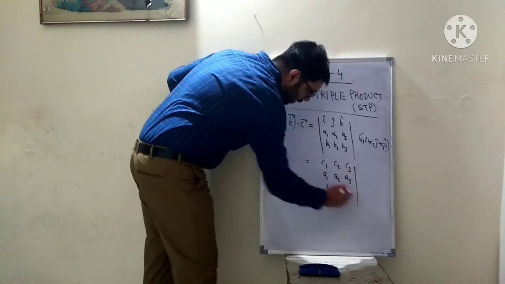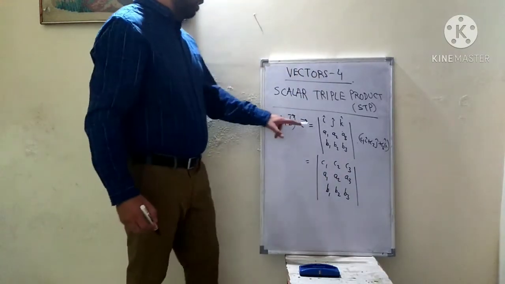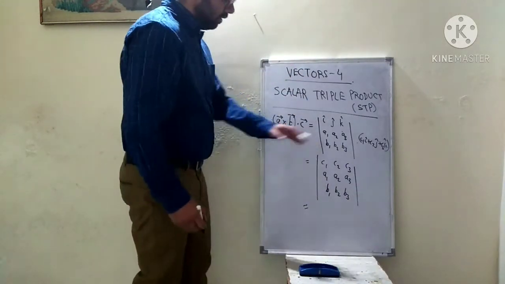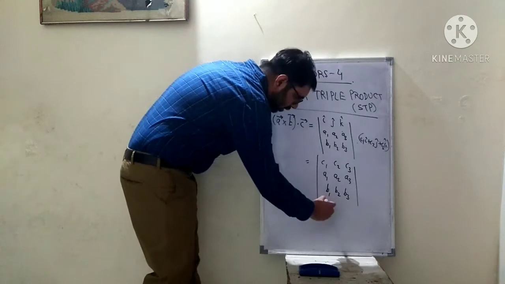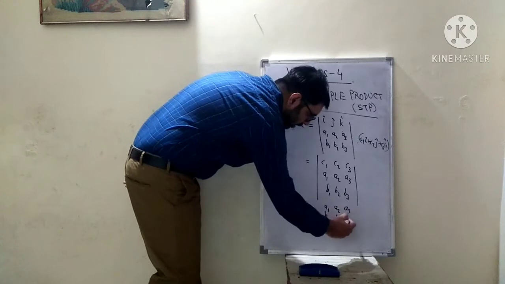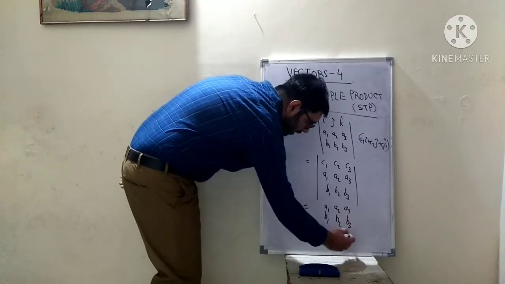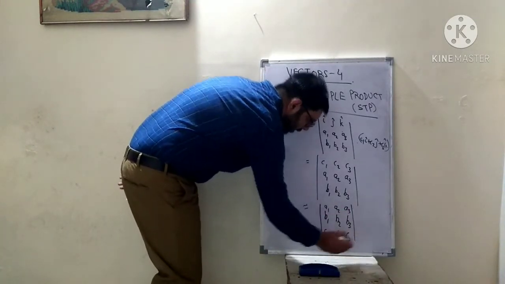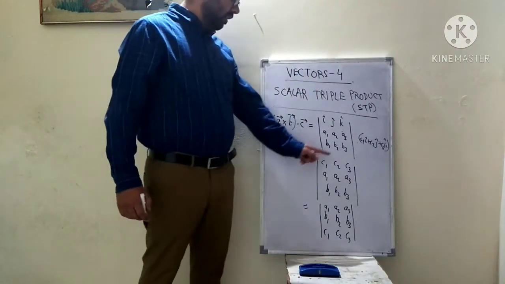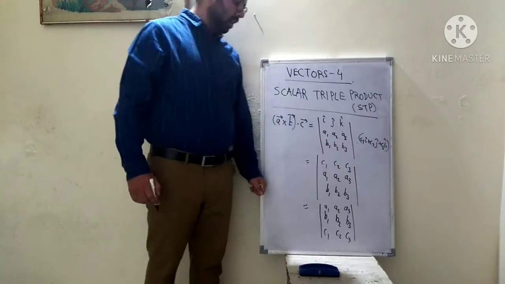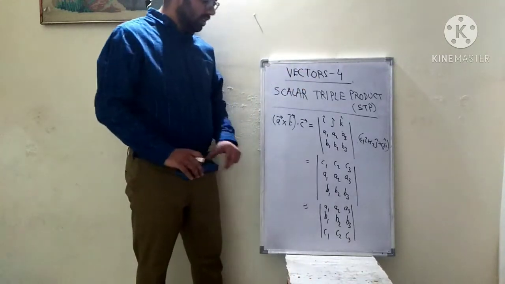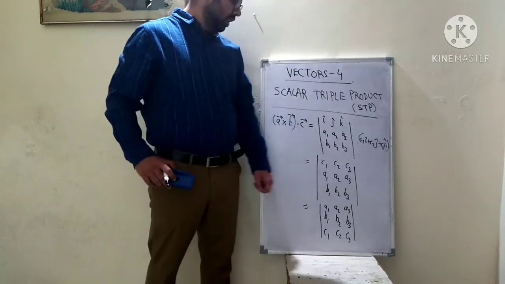So in determinant form we can write the scalar triple product like this, in a more proper way: A1, A2, A3, then B1, B2, B3, and then C1, C2, C3. This gives the scalar triple product of three vectors, where A vector is A1 I cap plus A2 J cap plus A3 K cap, B vector is B1 I cap plus B2 J cap plus B3 K cap, and C vector is C1 I cap plus C2 J cap plus C3 K cap.